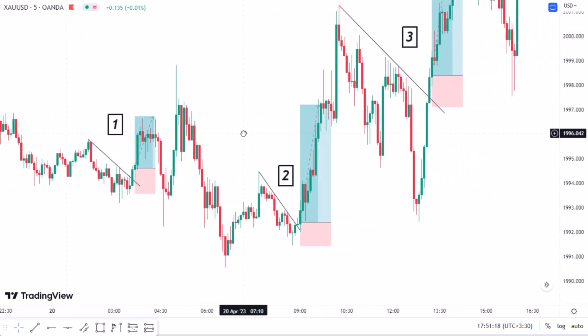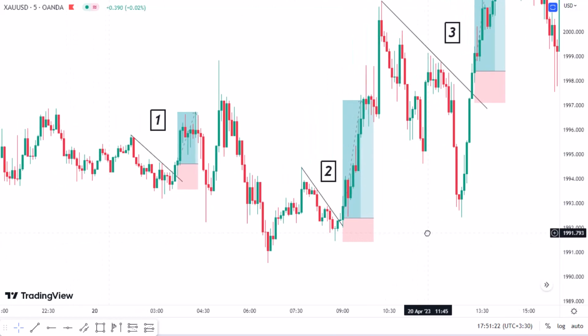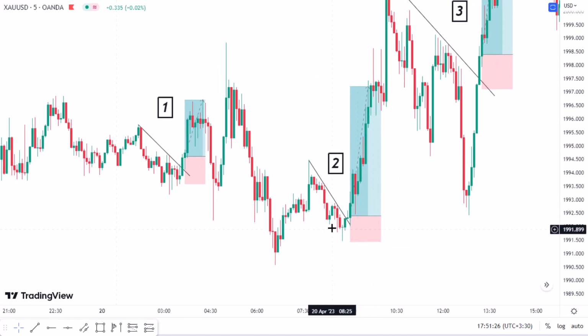On the second position we did have this trend line again with 3 touches. It was broken to the upside. There you can see the candle bodies just closing out of the trend line. It is a breakout, so we can enter buy and sell positions.